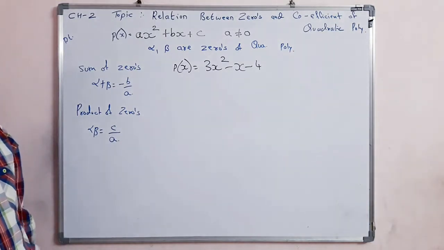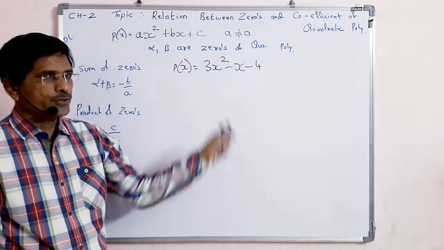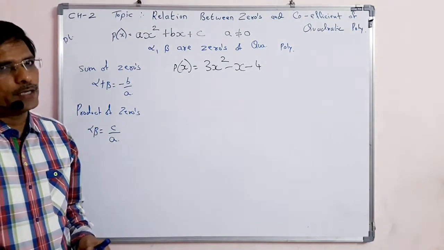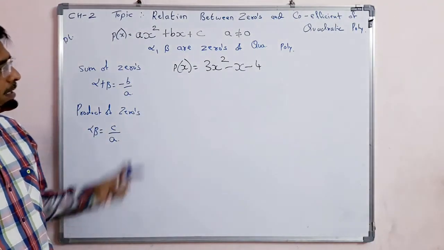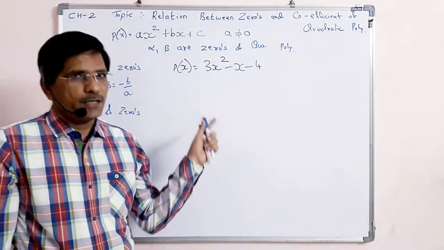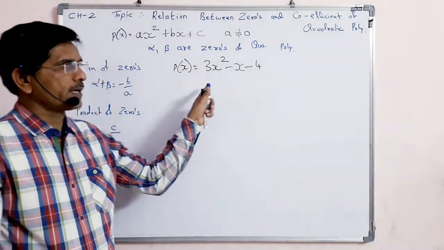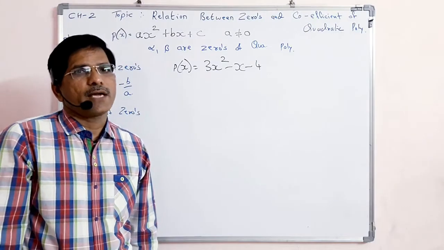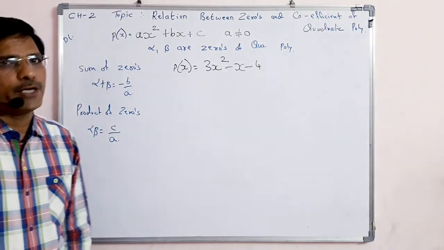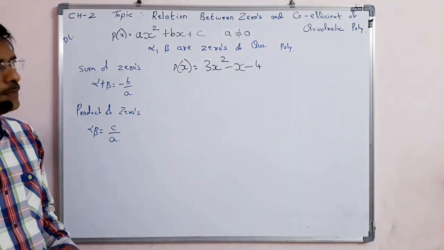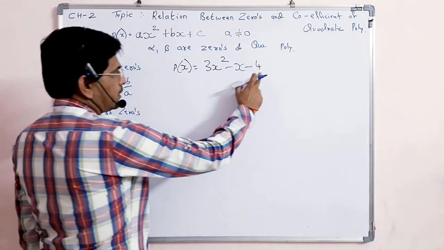First of all, I have to find the zeros of the quadratic polynomial. As we have seen in earlier videos, we have to factorize it, or we can say by splitting the middle term. So 4 threes are 12.